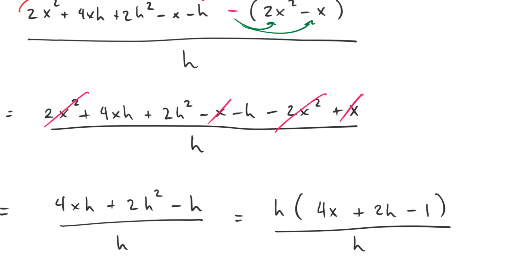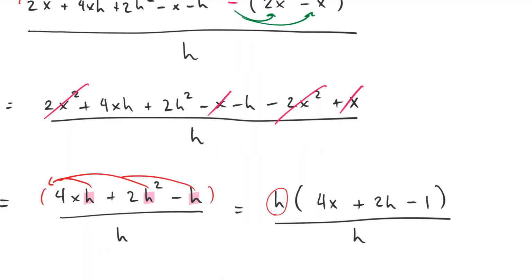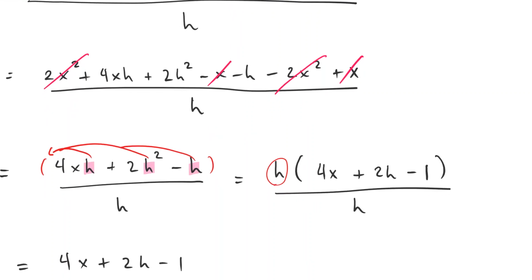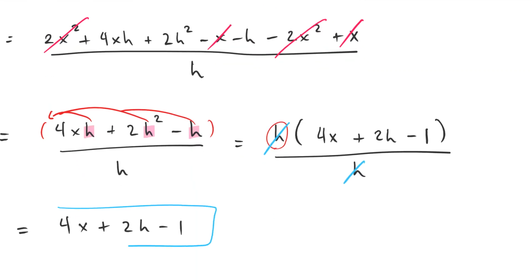We notice, though, that there's an h in each of the terms in the top. So if we took that h and factored it out, pulled it out front, then this is what it would look like. It would come out front, and we would have left over 4x plus 2h minus 1. Now we can cancel this h here with the h in the bottom, and we have our final answer, 4x plus 2h minus 1.